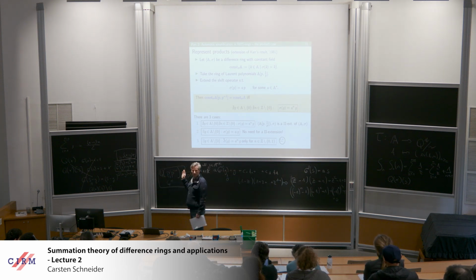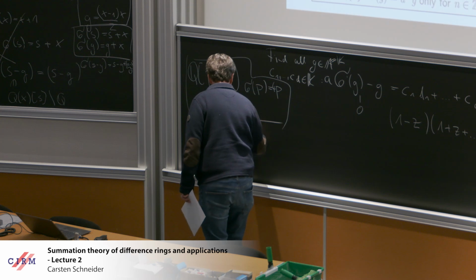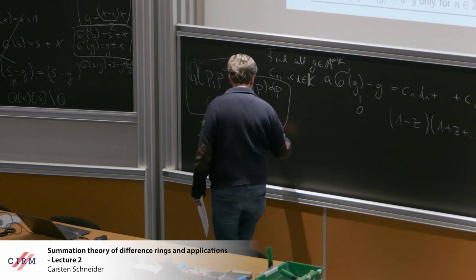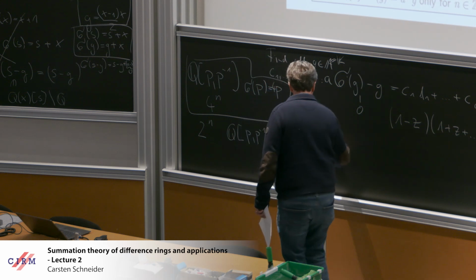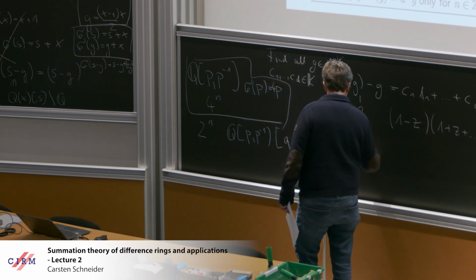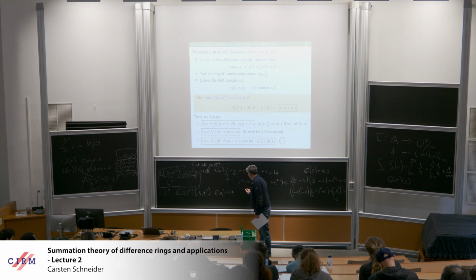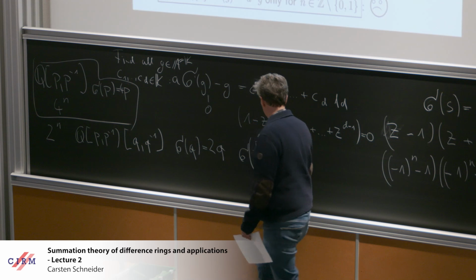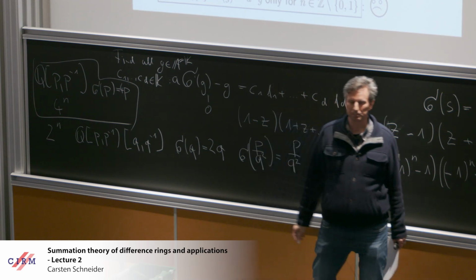So I suppose I have constructed that, and now I want to model 2 to n. Okay? So okay, I could introduce a new variable, sigma q equals 2q. But you see now I have a problem. I can now take p divided by q squared and shift it. This is p divided by q squared.